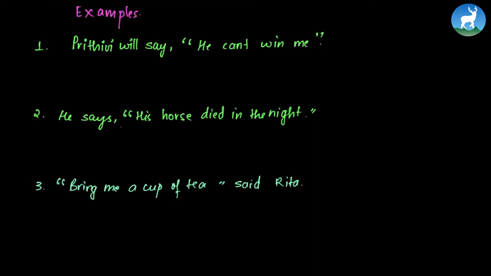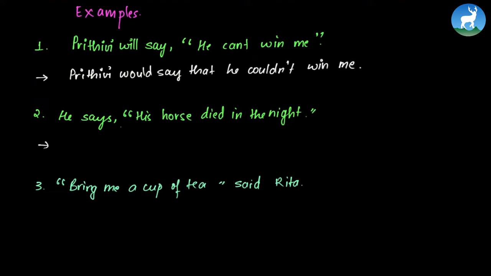Now we will see some examples. These are the questions. Prithvi will say, he can't win me. So the sentence can be changed in indirect form by saying, Prithvi would say that he couldn't win me. He says his horse died in the night.